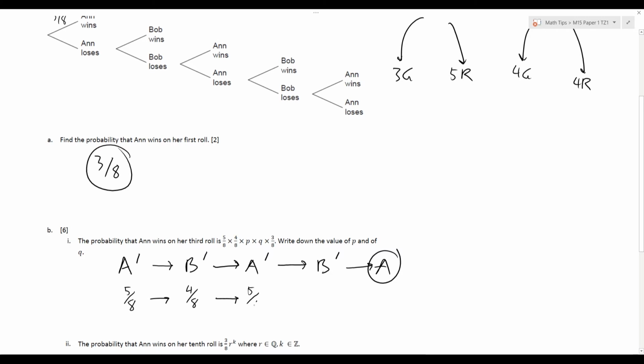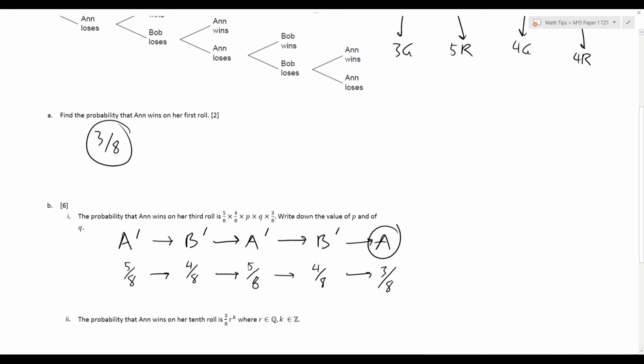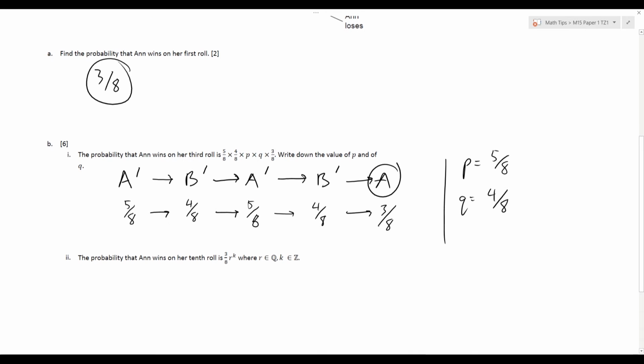Bob not winning will be 4 over 8, and Ann winning will be 3 over 8. Alright, so if I write it like this, you can easily see that p is 5 over 8 and q is 4 over 8. So p equals 5 over 8 and q equals 4 over 8. Alright, that wasn't hard at all.